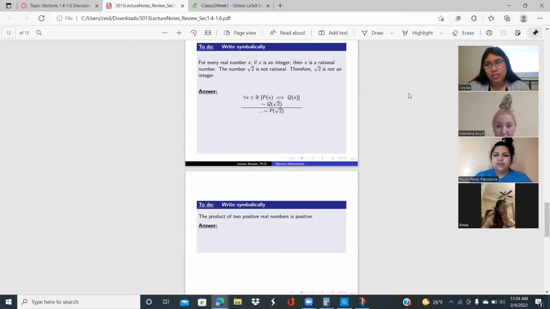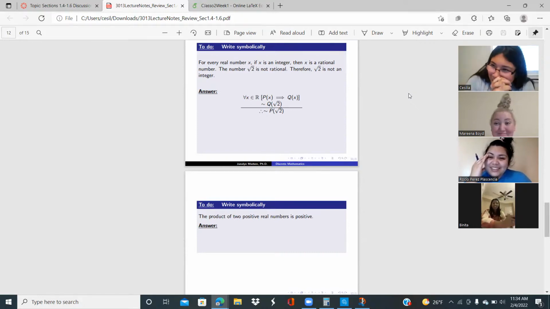So they have us write it in symbols. That's what that paragraph says in symbols. We're not gonna read it, I feel like that's too long, unless you want to give it a shot, Rocio. Reading the symbols? Yeah, because I think you're a little bit better than any of us right now.